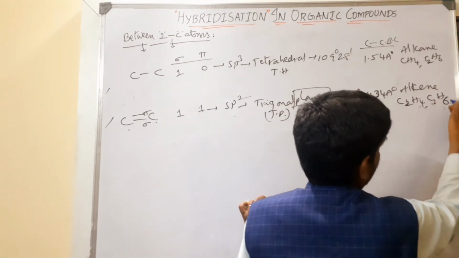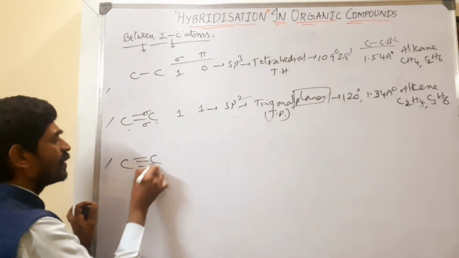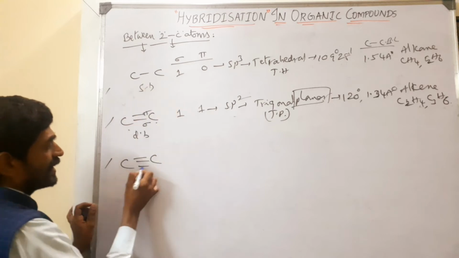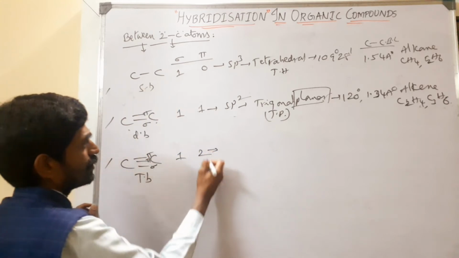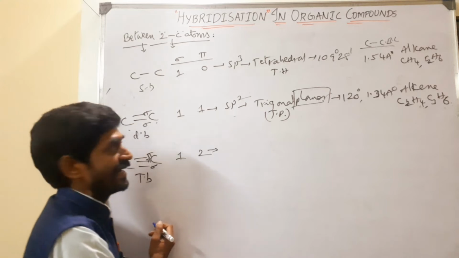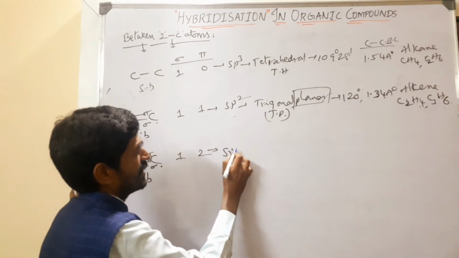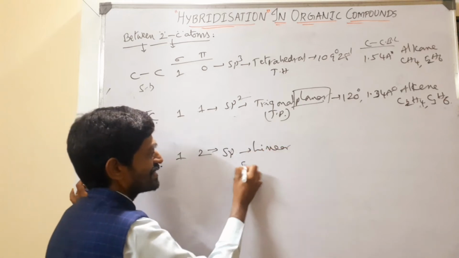Next one. Between two carbon atoms, three bonds are present. A triple bond is present. Among that, one is a sigma bond and the remaining two are pi bonds. Totally three bonds. The carbon undergoes sp hybridization and has linear geometry.